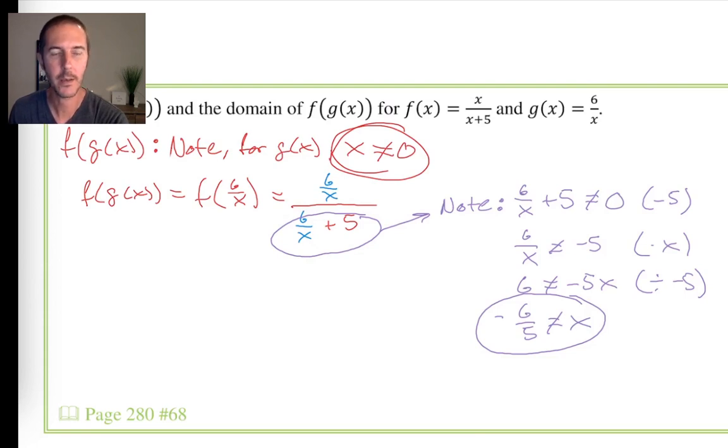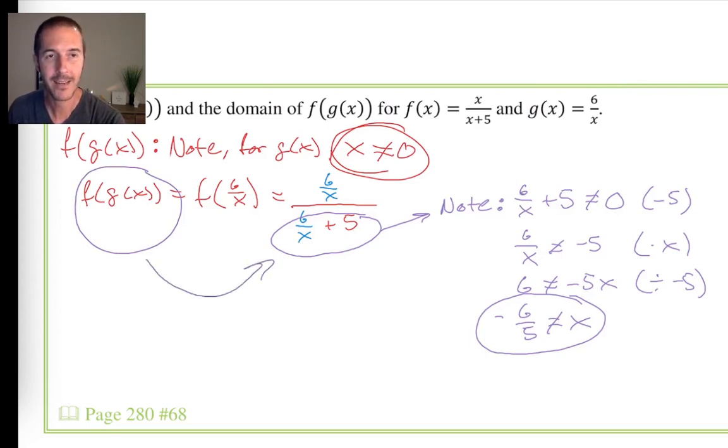But the strategy, generally speaking, that you want to take with you is when you're working with a rational function, you don't want the denominator to equal 0. So we had our inner function, g of x. We made sure that that denominator did not end up equaling 0. And then we built our composite function, and then we checked to make sure that that larger denominator is not going to end up equaling 0.